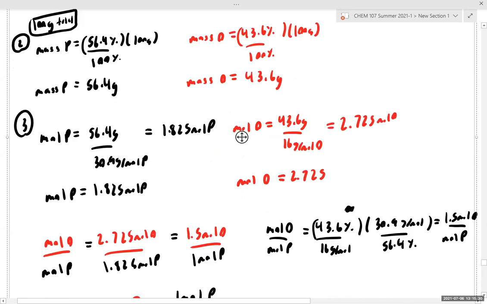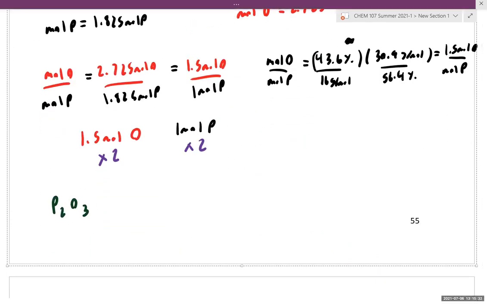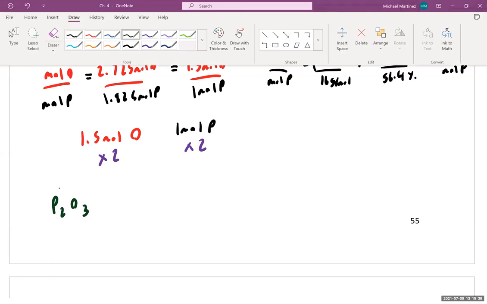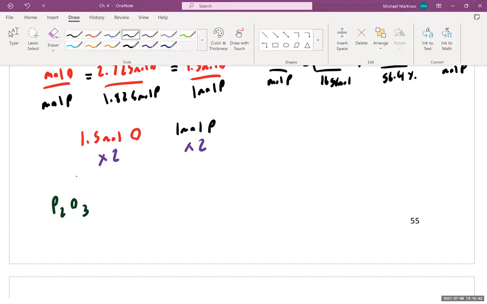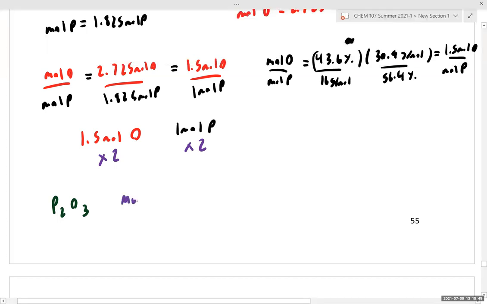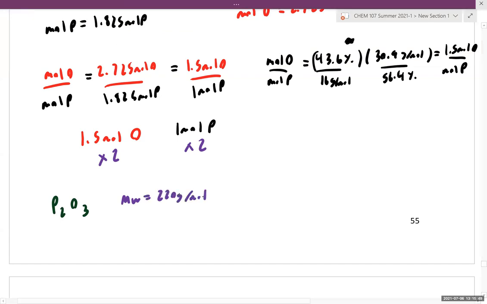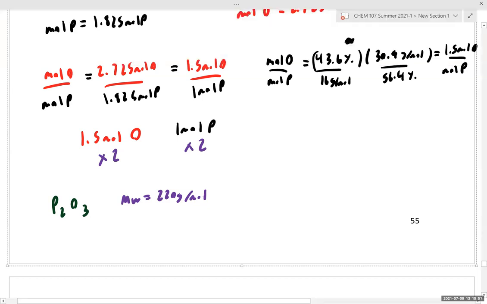So we know that our molecular weight was 220 grams per mole. Okay, so what is the molar mass of this empirical subunit?